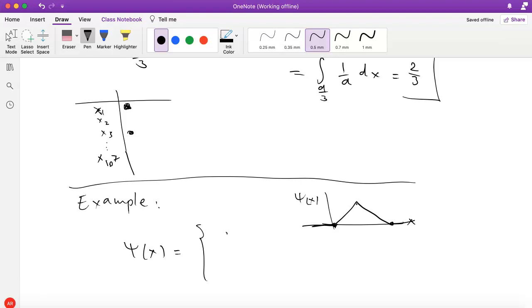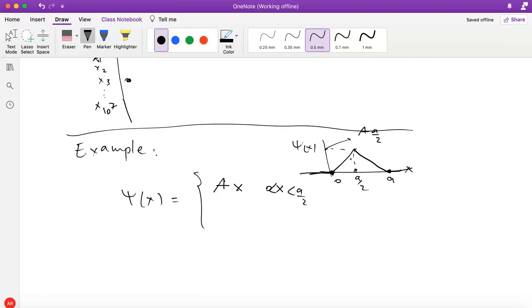So if this is a over 2, this is a, this is 0, so it's going to be some number, right? It's going up with some slope times x, let's say for x between 0 and a over 2. And then it reaches, so this value here should be A times a over 2, right? If that's the form.